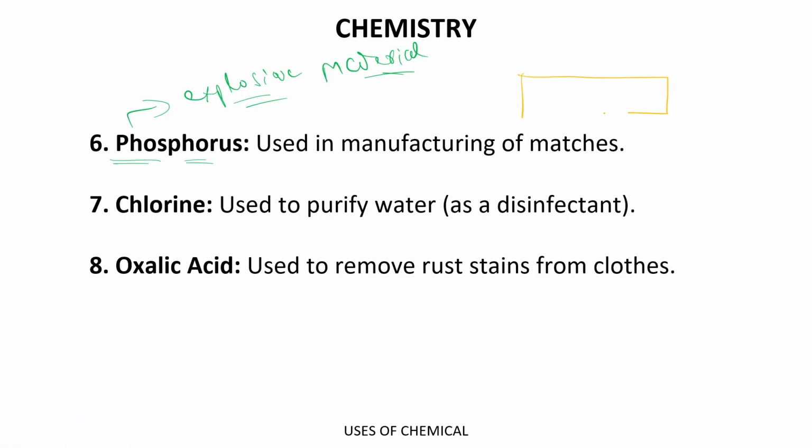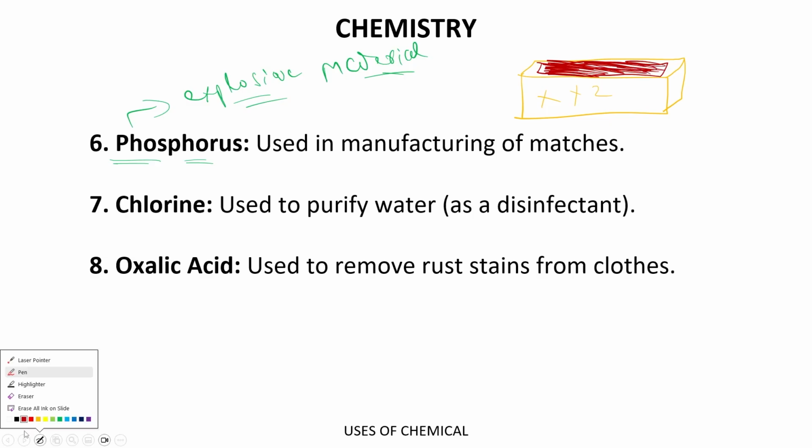If this is your matchbox, okay, this is your matchbox, ABC or XYZ, you can say. It is a matchbox of XYZ company. Then you must have seen that on the sidelines of this matchbox there is a structure like this, right?